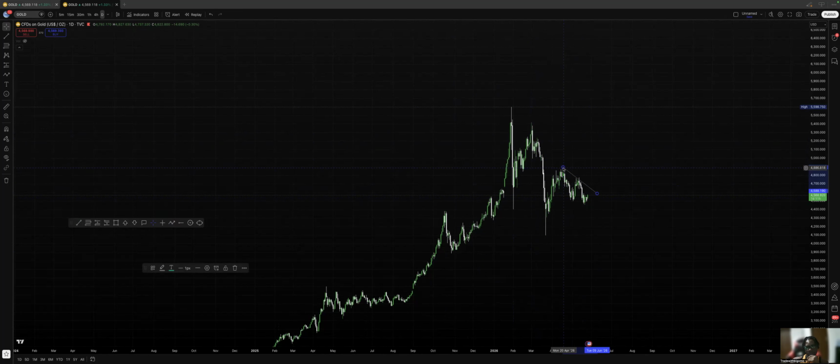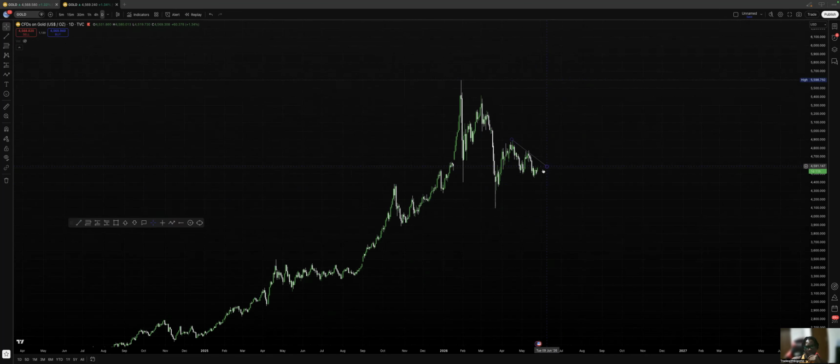So you can see that it aligned with the bearish trend. One, two, that's two touches already on the trend line.